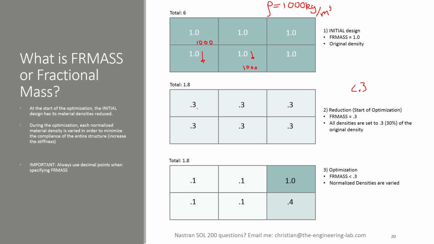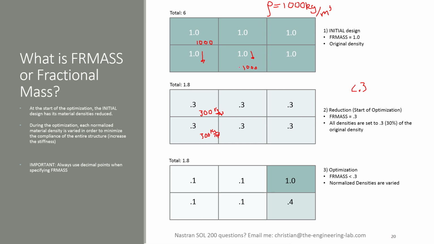And now, what is the repercussion of this? Here, if the densities were 1,000, it would reduce everything to 300 kilograms per meter cubed. Here, we reduce the density to 300 kilograms per meter cubed, and so on and so on.